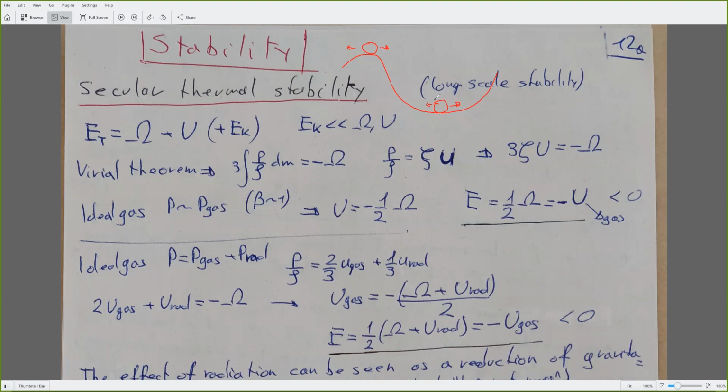The physical situation, for example, is a pulsating star. A pulsating star is obviously not in equilibrium, but it maintains the oscillation inside a certain range and doesn't go into a complete collapse or complete expansion. It continuously oscillates in a periodic movement.